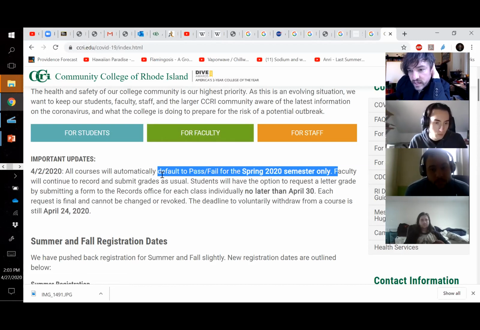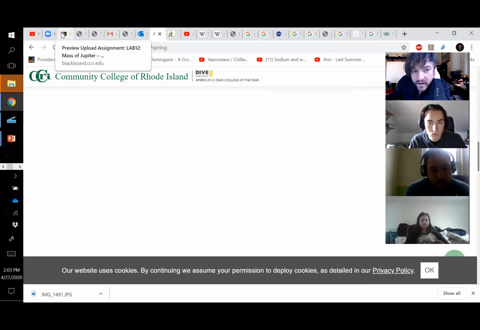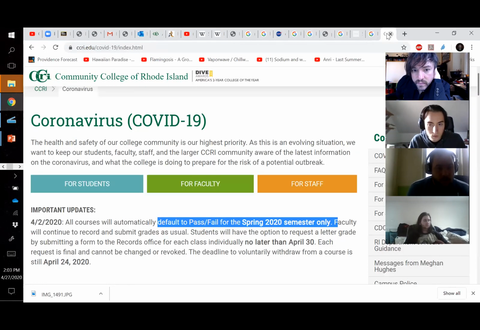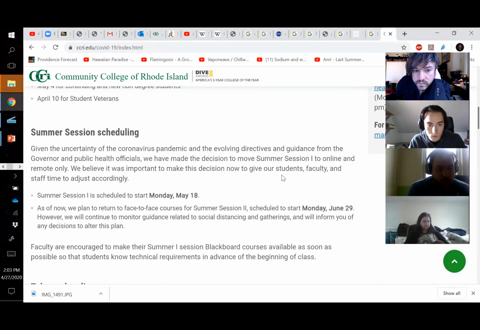But then you have to go to your student pipeline or your student banner, and click a button somewhere that says, I want a letter grade for these courses. There's an actual form that you have to sign up on the CCRI website, and you choose which classes you want a letter grade for.